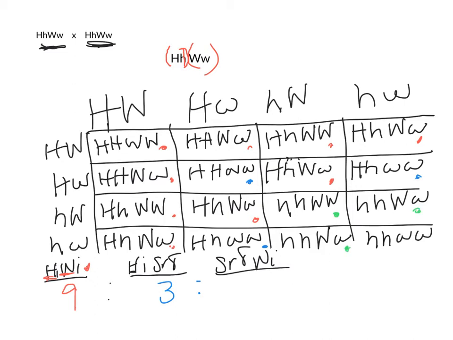This last box is not that case, so we have 3 of these. And then finally, the last possibility is to be straight and straight, a straight hairline and a straight thumb. There's only one box left, and that's this little guy here. That's our ratio. 9 to 3 to 3 to 1.